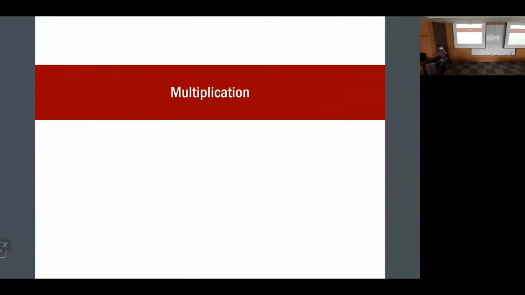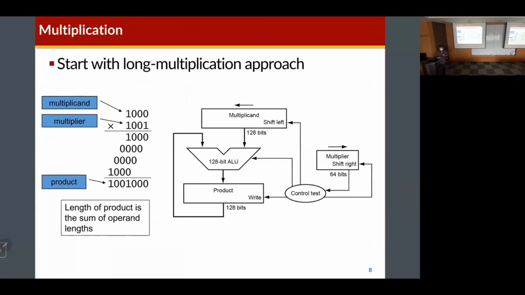And then multiplication. I think multiplication is relatively difficult compared to addition or subtraction. It's the same as with decimal numbers, like 12 times 23. How can you calculate this multiplication? You perform the multiplication for each digit.